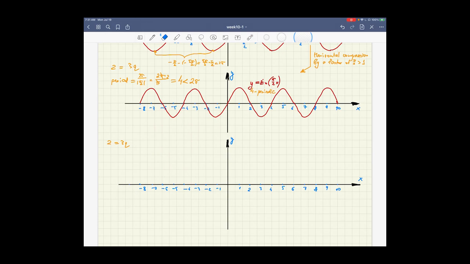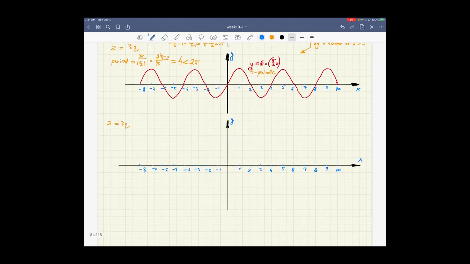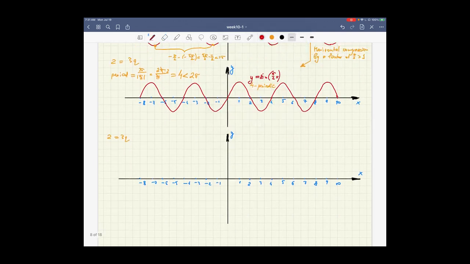But now the amplitude is not 1, the amplitude is 2. So the graph will look like this.